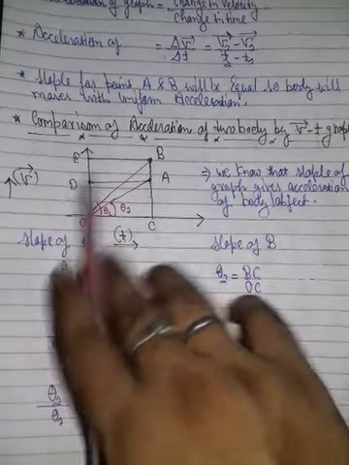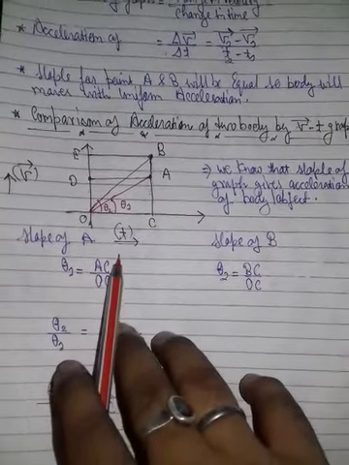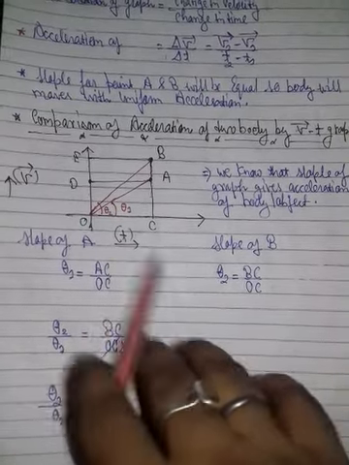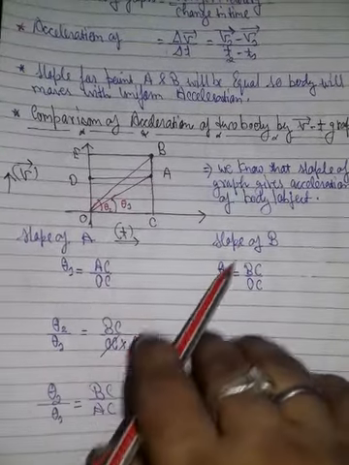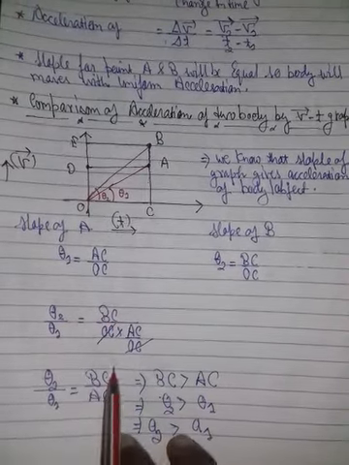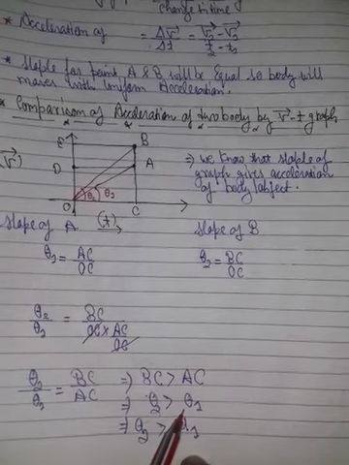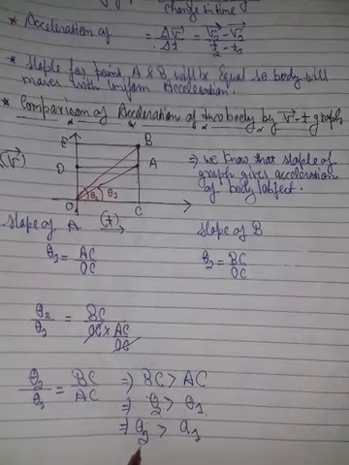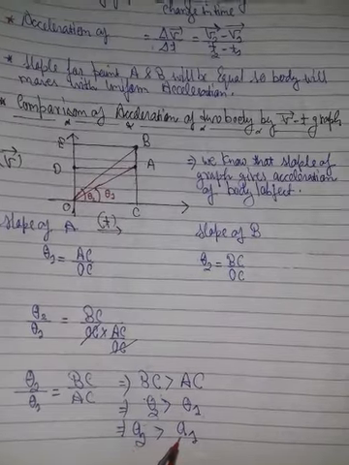The velocity time graph gives the acceleration value for slope A and slope B, and slope is change in y-axis upon change in x-axis. Putting in the values and dividing the second by the first, we know that BC is greater than AC, so the second slope is greater than the first slope, and the acceleration of the second is greater than the first one.